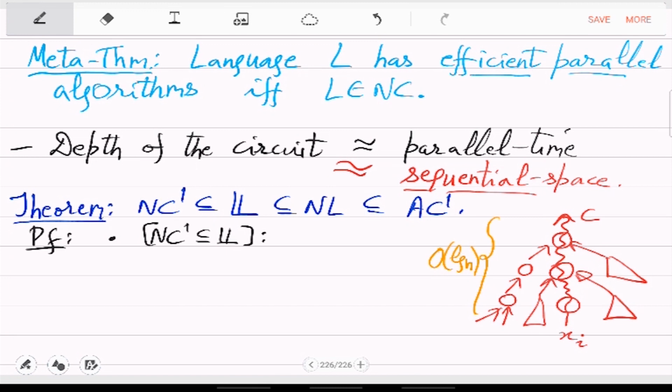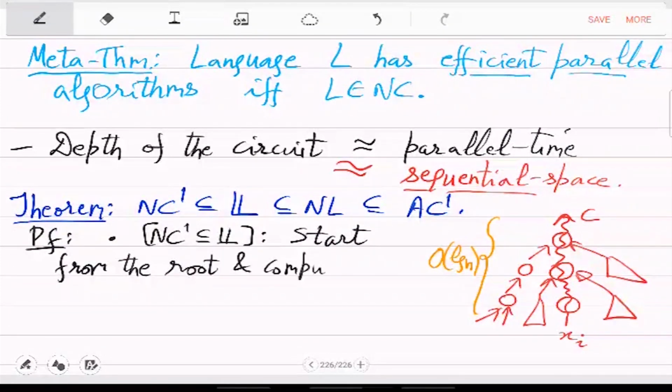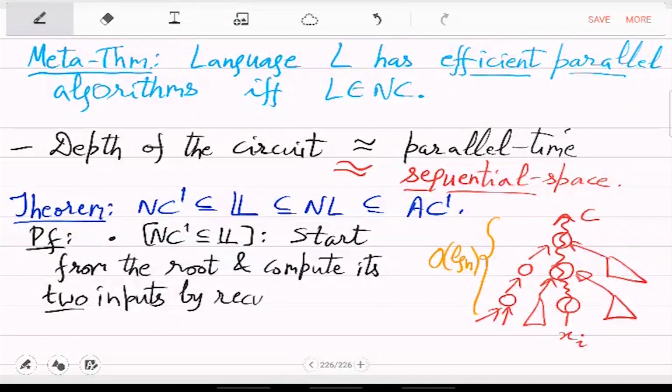And so the way you can simulate the computation of this circuit just in log n space is by recursion. Okay, so basically start from the root and compute its inputs by recursion, reusing the space.